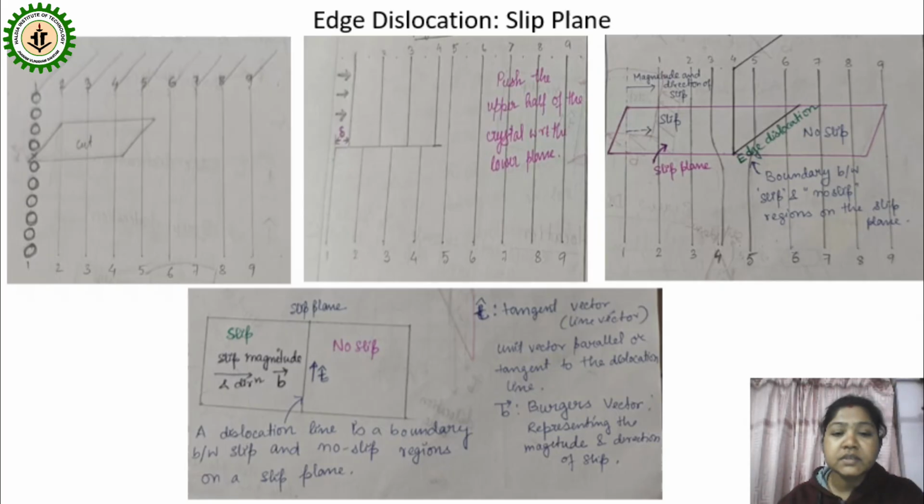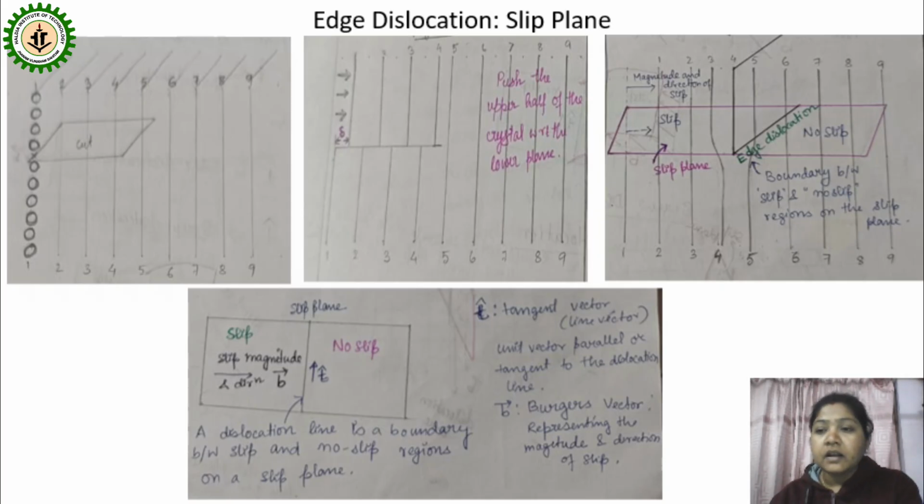So always B is normal to the dislocation line. This is the dislocation line. So always the Burgers vector is normal to the dislocation line in case of edge dislocation.